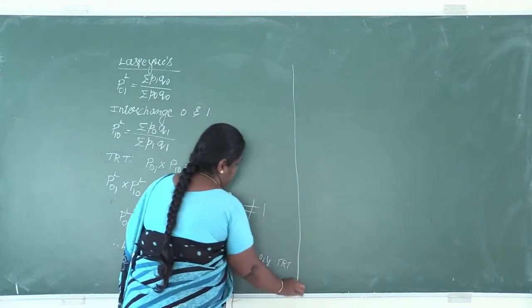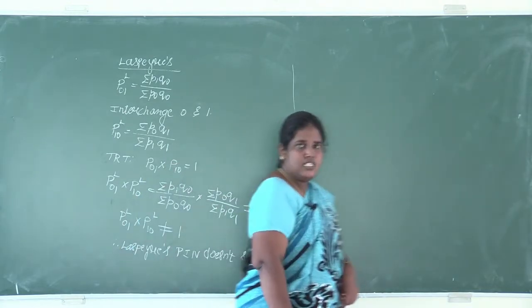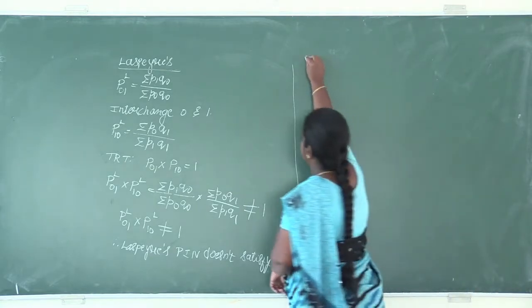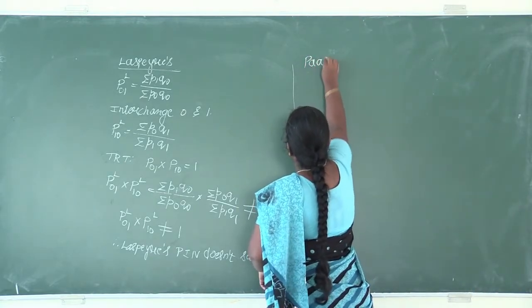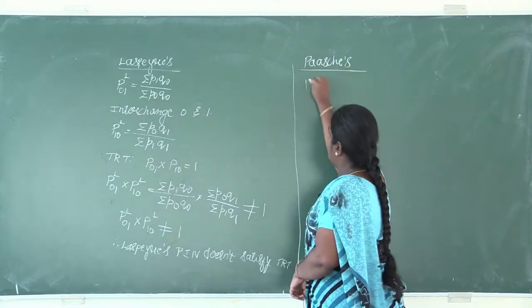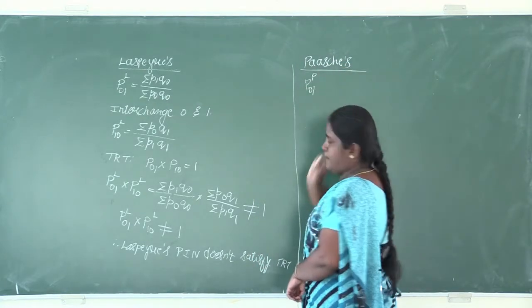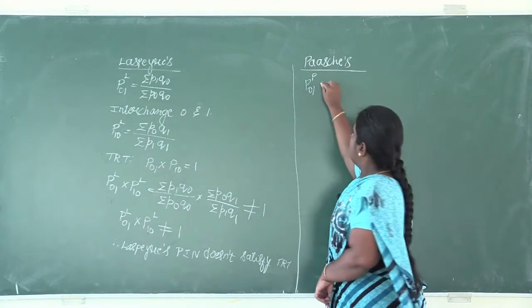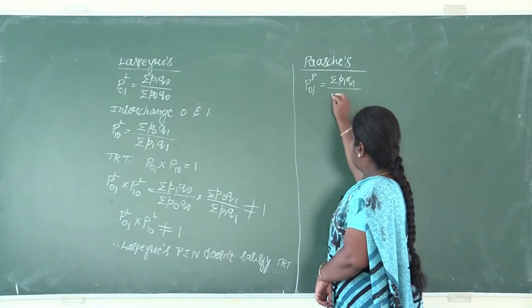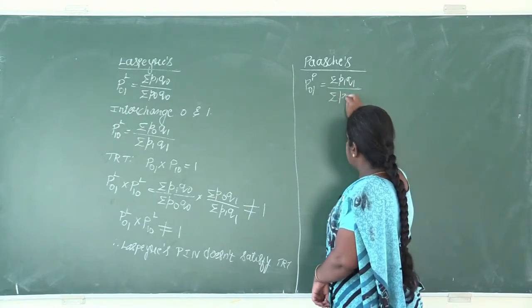The same thing we'll do for Paasche's index number and see whether it satisfies time reversal test. So write the formula of Paasche's price index number. P01P is sigma P1 Q1 divided by sigma P0 Q1.